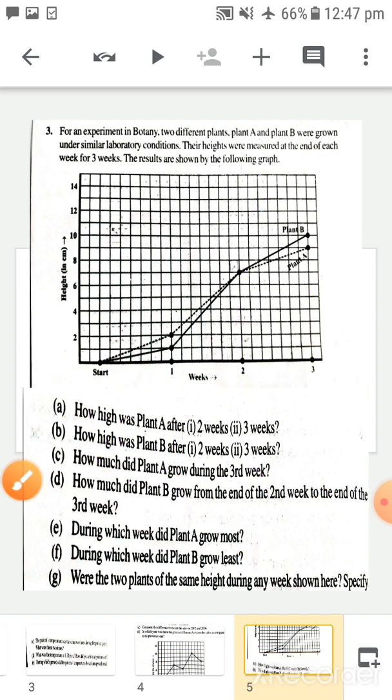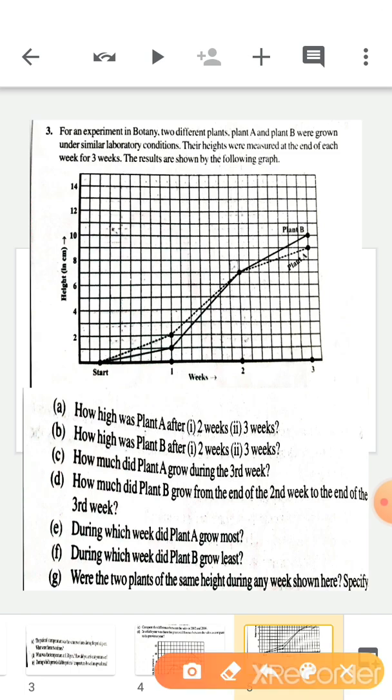So 2 centimeter will be the answer for how much plant A grew in the third week. Because in the third week plant A is 9 centimeter high, and in the second week plant A was 7 centimeter. So we need to find the difference. So we have to subtract it. 9 minus 7, that is 2.